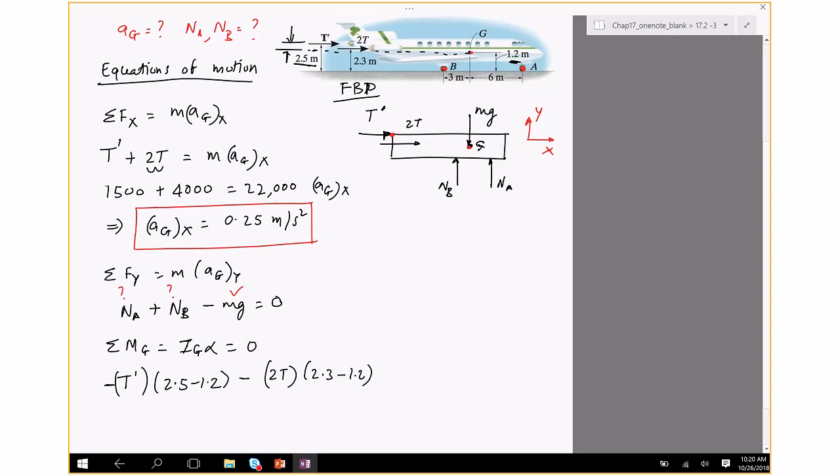Okay, so we're done with two forces. mg will not cause any moment at G because mg acts at G. The moment arm is 0. So next, let's move to NB.